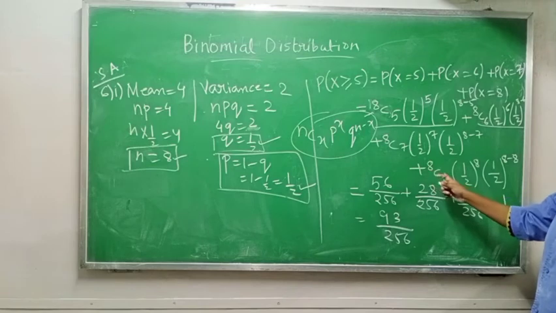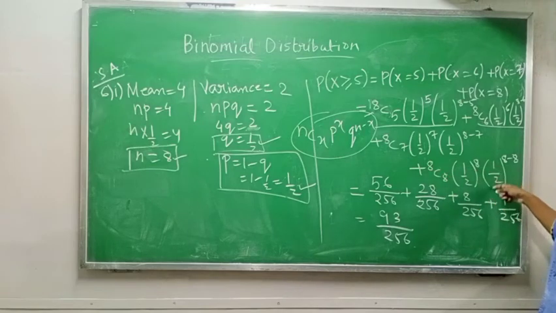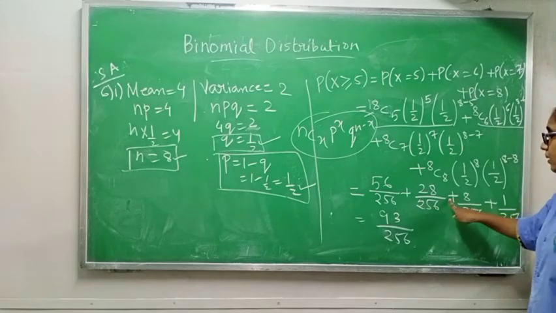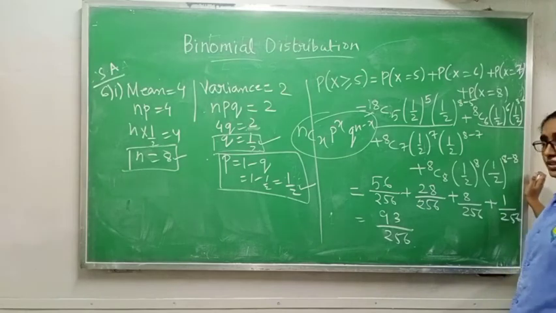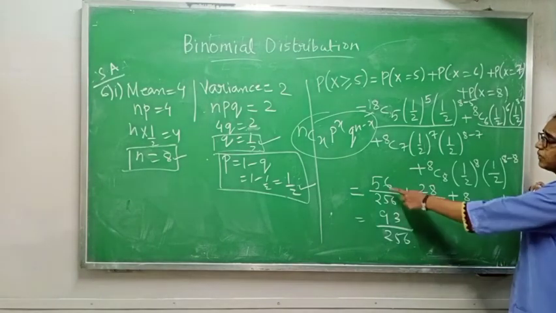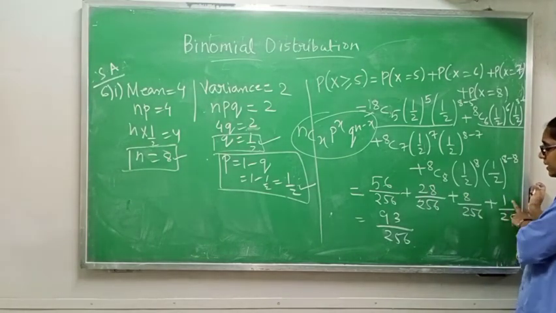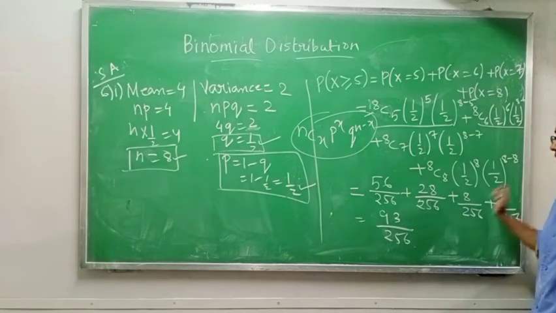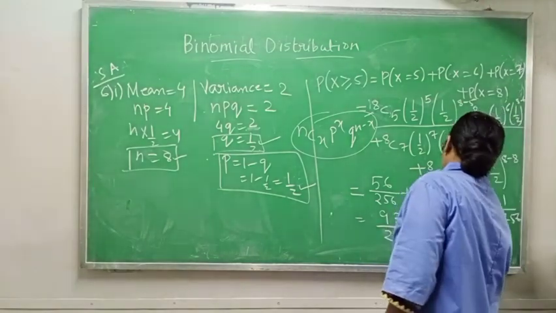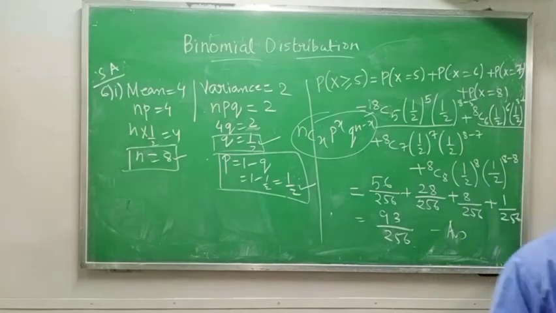When you solve 8c8, half power 8, half power 8 minus 8 which is 0, you will get 1 by 256. When you take the LCM, the LCM will come the same, 256 only. It means that 56 plus 28 plus 8 plus 1 will give you 93. So this one is your answer. Okay, copy this one.